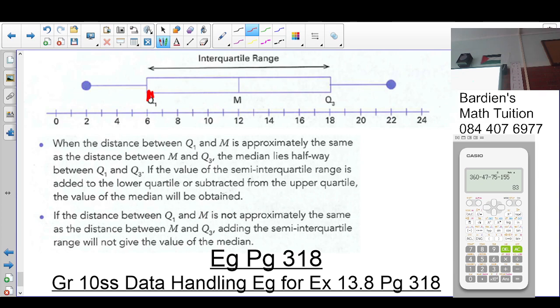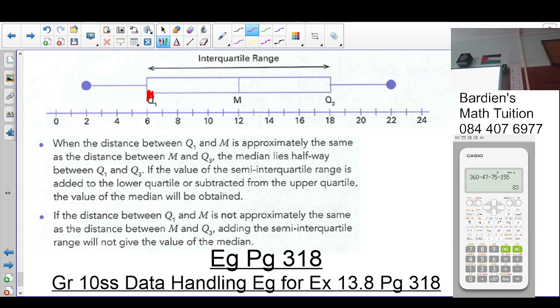Okay? More than this. If the distance between Q1 and M is not approximately the same as the distance between M and Q3, adding the semi-interquartile range will not give you the value of the median. Okay.